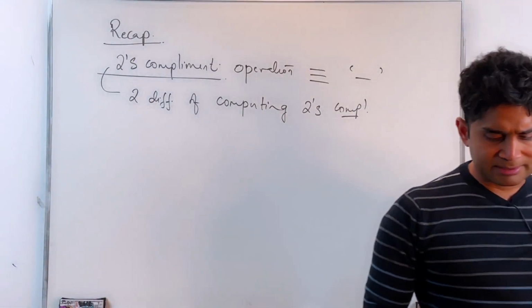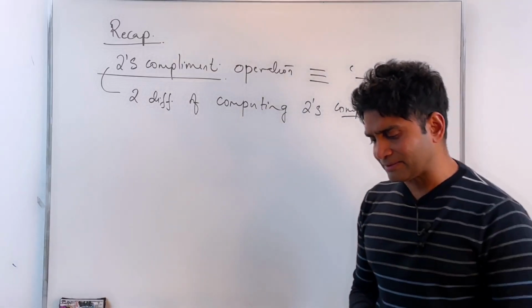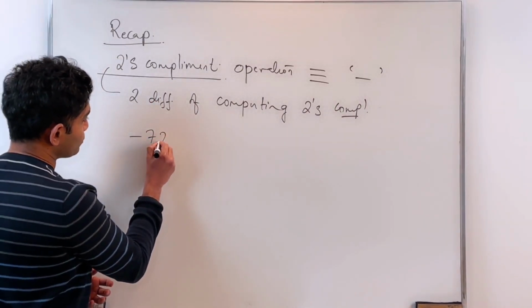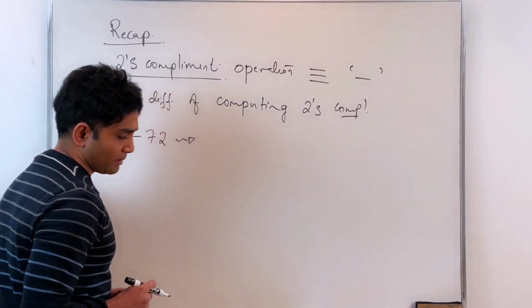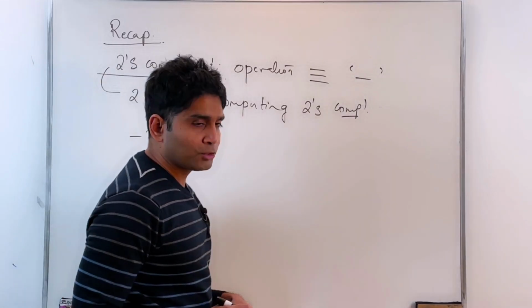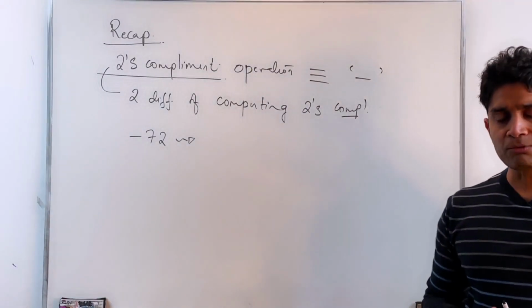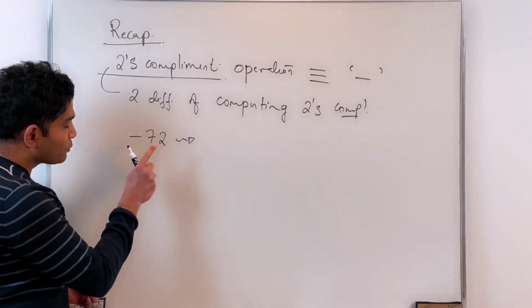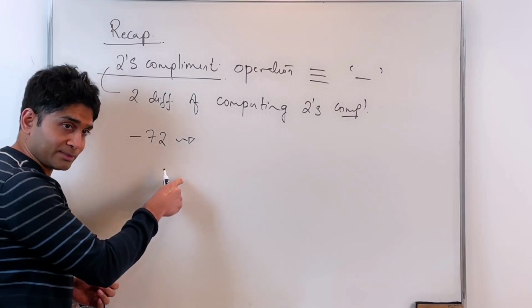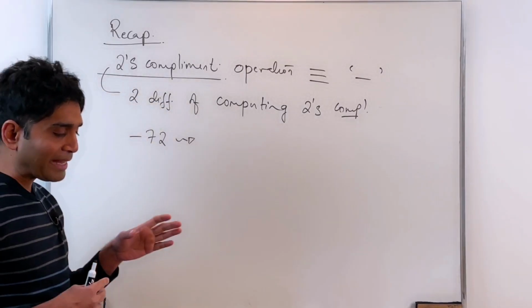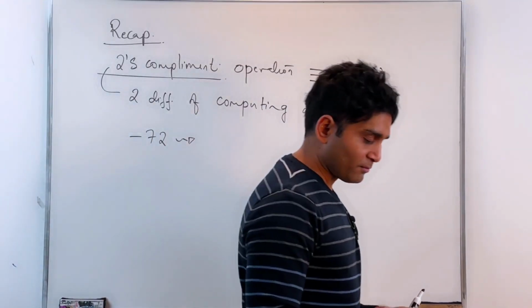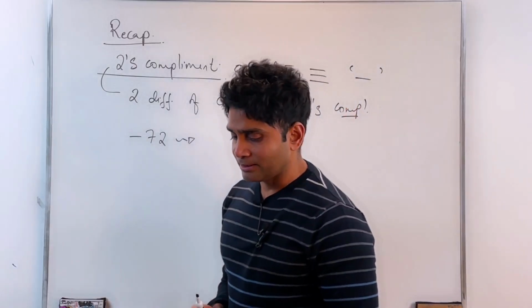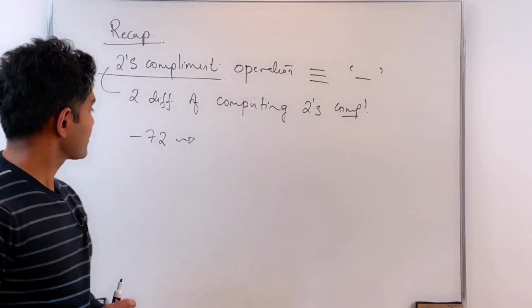We took various examples. For example, if I want to convert the number minus 72 into a two's complement binary format, how would I do this? The approach is, you take the binary equivalent of 72 first. Let's say I want to convert that into an 8-bit binary number.